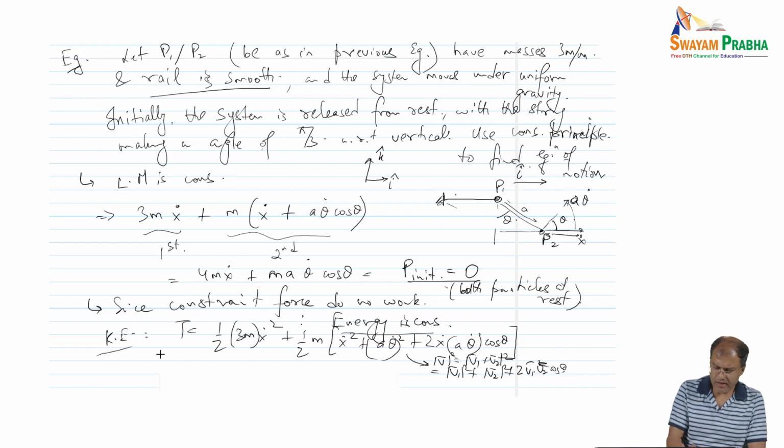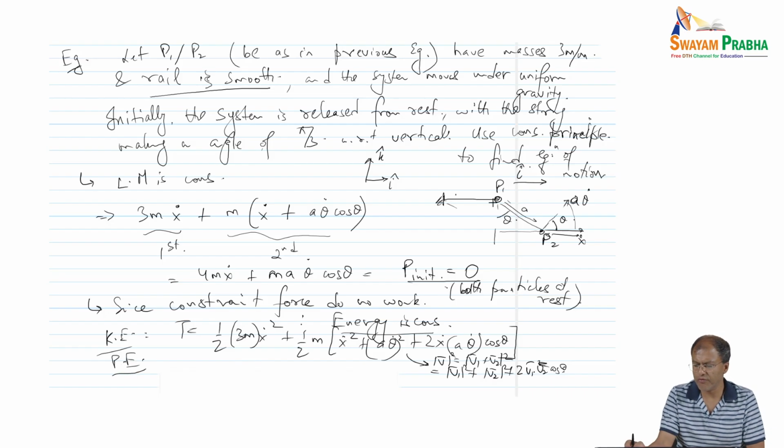Okay, and then we can also write the potential energy of the system. Let us say that the first particle, which is moving horizontally, is at zero potential, or the base is held at the first particle. So the second particle is at a downward distance of a cos theta.